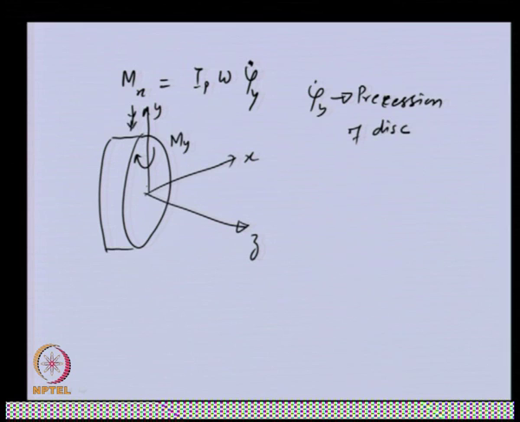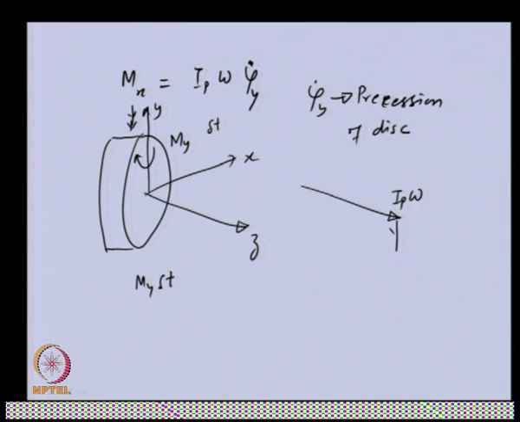Now the original angular momentum is this one, which is along the z axis, and this particular moment which we have applied about y axis, let us say, is for a small duration. So this My into delta t is nothing but the change in angular momentum in the direction of the moment applied.